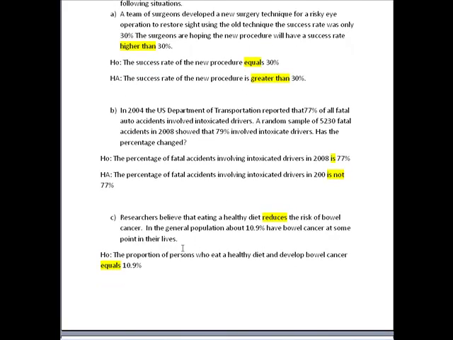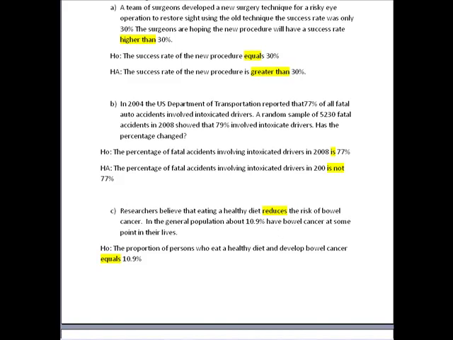Third scenario. Researchers believe that eating a healthy diet, emphasis on healthy, reduces the risk of bowel cancer. In the general population, about 10.9% of the population has had bowel cancer sometime in their life. So have things changed?